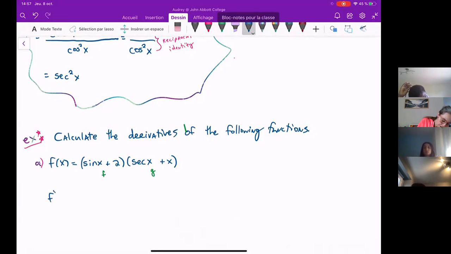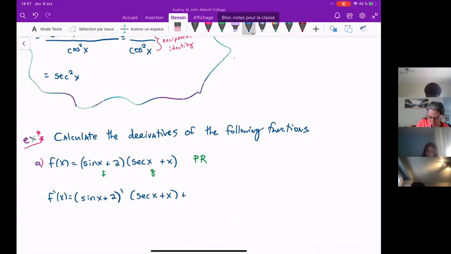So F prime of X, I'm just going to immediately apply the product rule. PR is sine X plus 2 prime times secant X plus X, plus sine X plus 2 times secant X plus X prime. And now I just do the derivatives of each of these things.